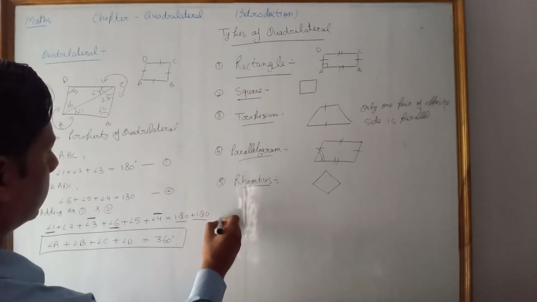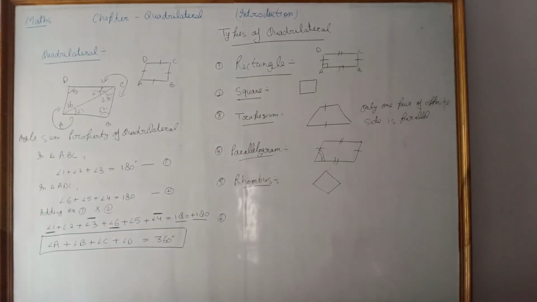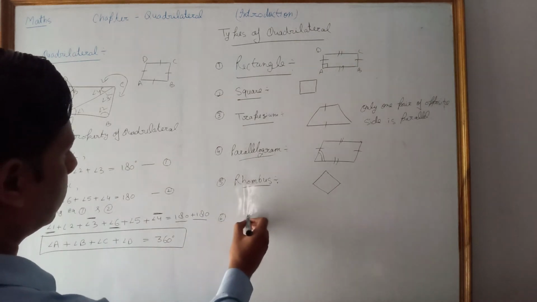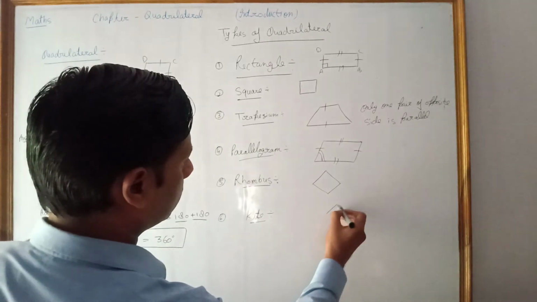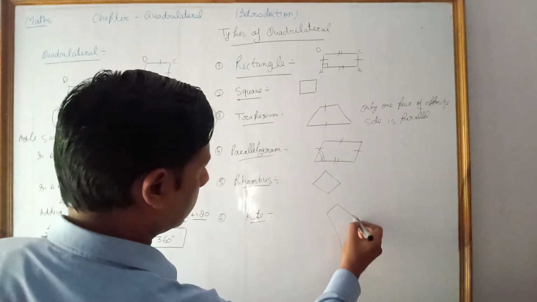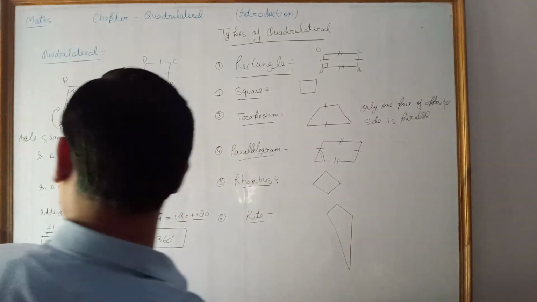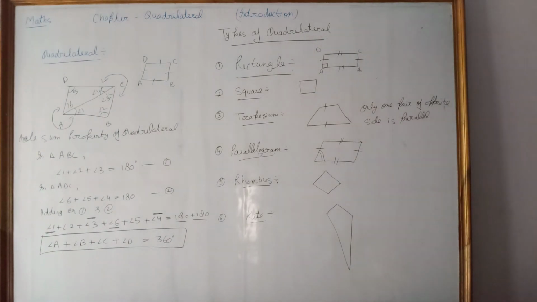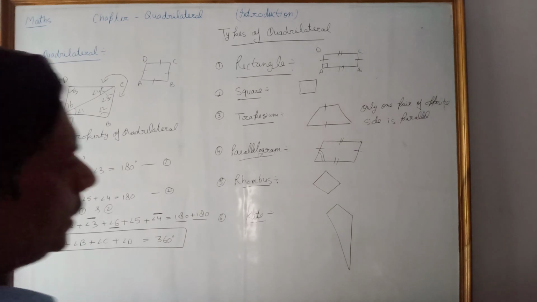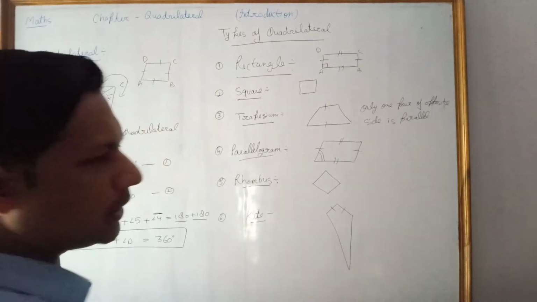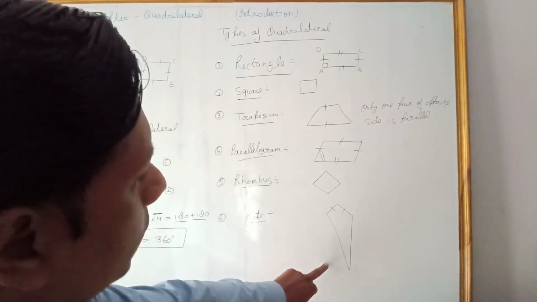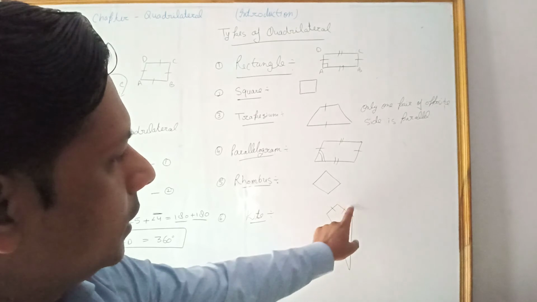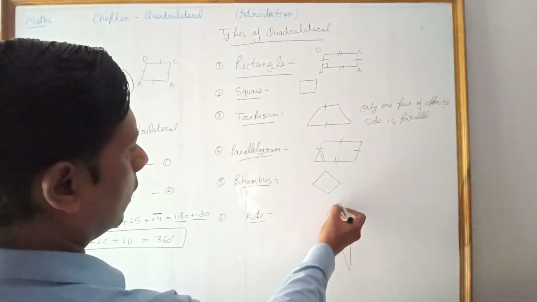And next is the kite. It is just like this. A kite is a special kind of quadrilateral which contains two pairs of adjacent sides equal to each other. You see in this figure, these are two adjacent sides because they contain a common vertex.